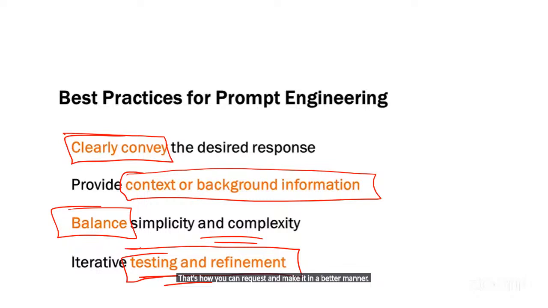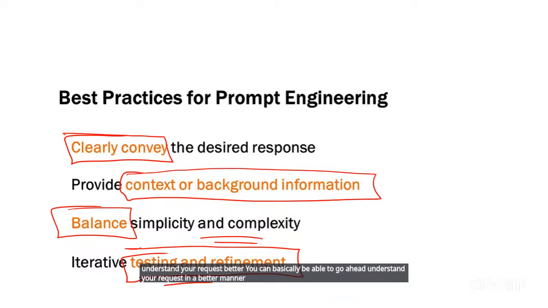Going to context or background information, that is where the model can understand your request better and take it further. Then you have to keep balancing your request in a simple manner so that you always get the right answer, and don't make the prompts too vague or complicated.